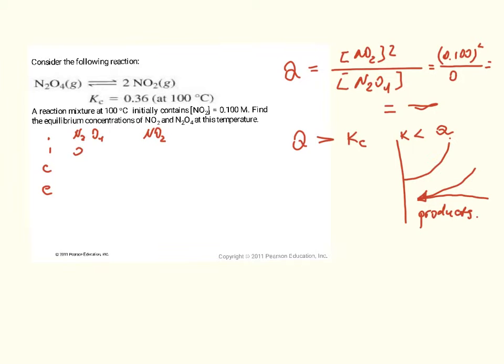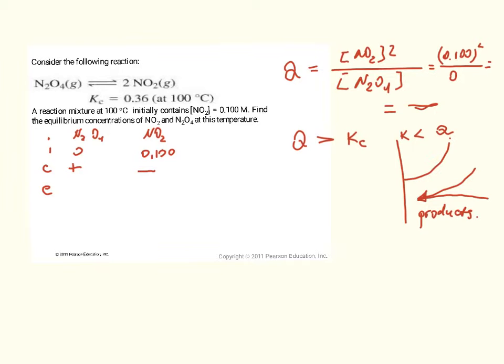Initial concentration of dinitrogen tetroxide 0. Initial concentration of nitrogen dioxide is 0.100. And now, like we said, changes in concentrations of reactant are going to be positive, and changes in concentration of product are going to be negative.